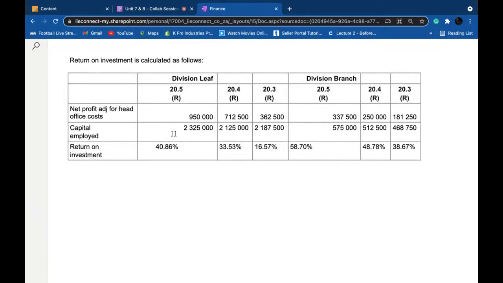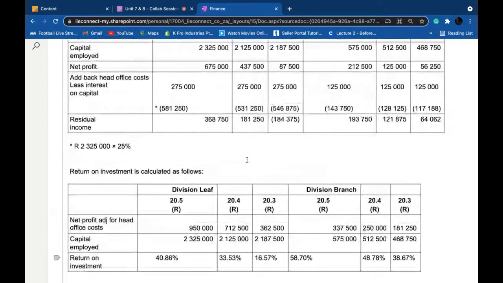Then here, return on investment. What are we doing? Remember, it's net profit divided by capital employed. That's how you're getting to these percentages over here. So here again, you can see return on investment, 38%, 48%, 58%. In all 3 years, you can see that division branch is higher than that of division leaf.